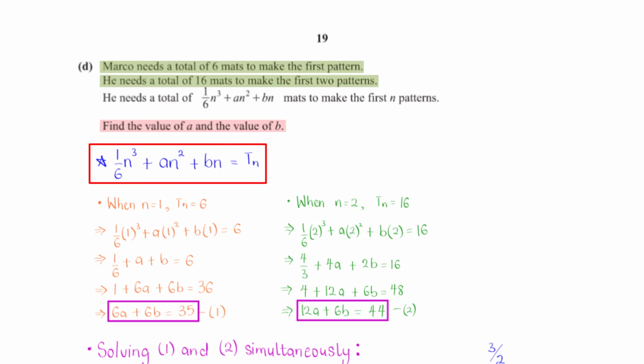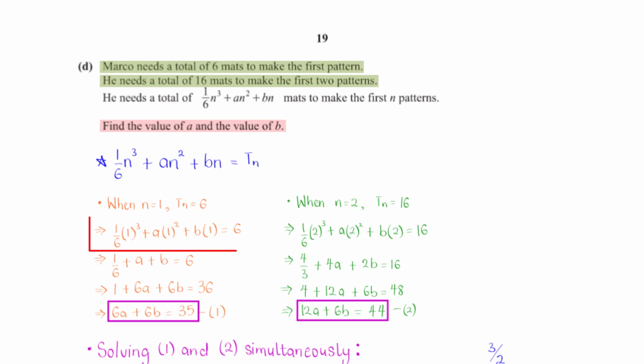We are using Tn to represent the number of mats to make the first n patterns. Based on this, we know that when n equals 1, Tn is 6. So we have 1 over 6 times 1 cubed plus a times 1 squared plus b times 1 equals 6.